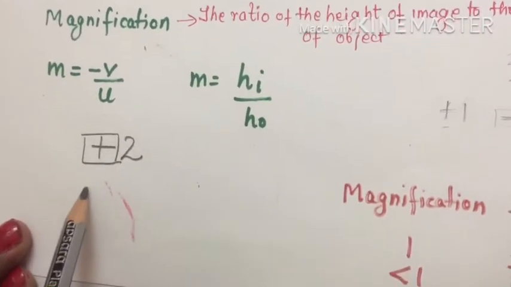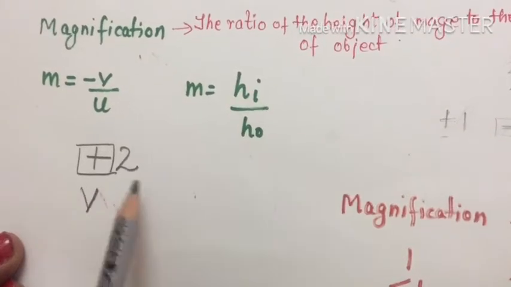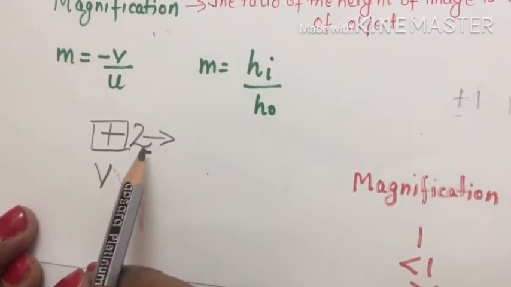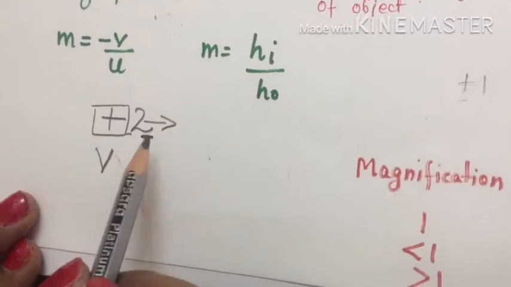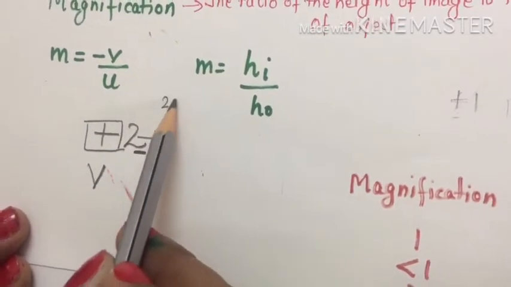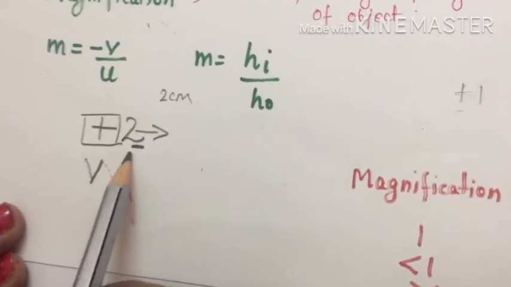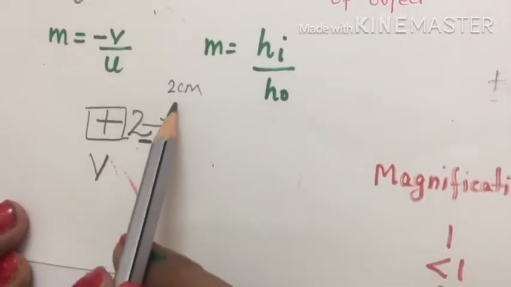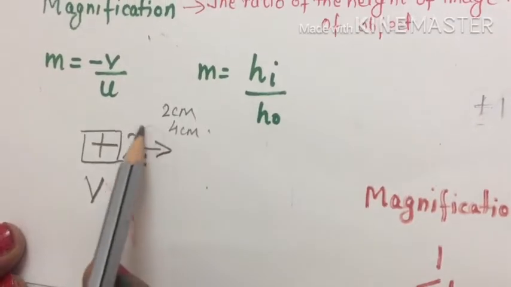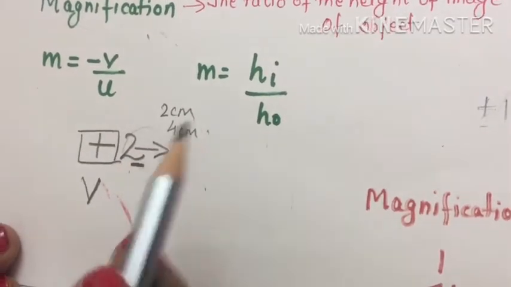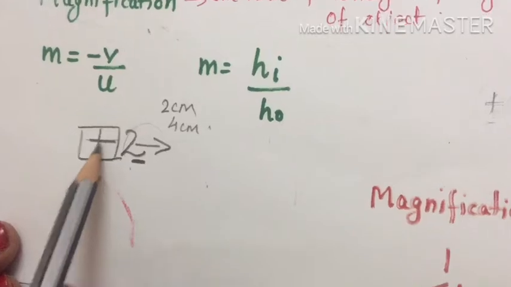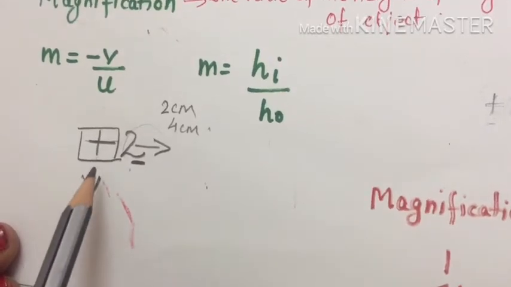So plus indicates it is virtual, and the numerical part, 2, indicates how many times the image is enlarged. Suppose the object was 2 centimeter, twice is the magnification, means now the image is of 4 centimeter height. So this part indicates how many times the image has been magnified, and this positive or negative sign indicates whether it is real or virtual.